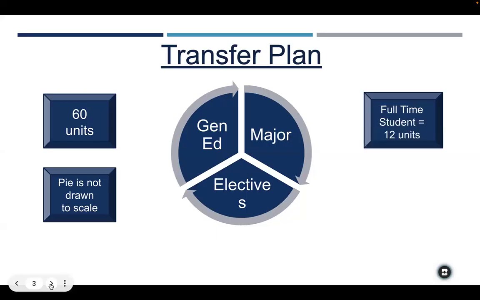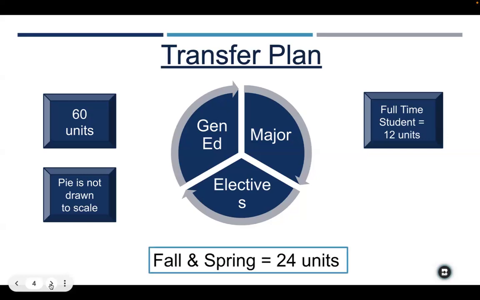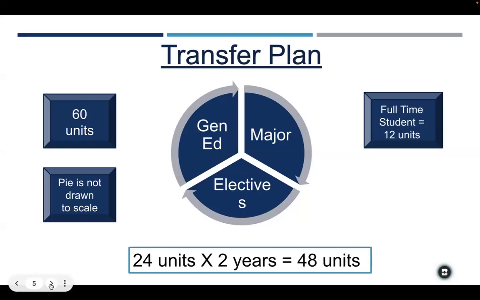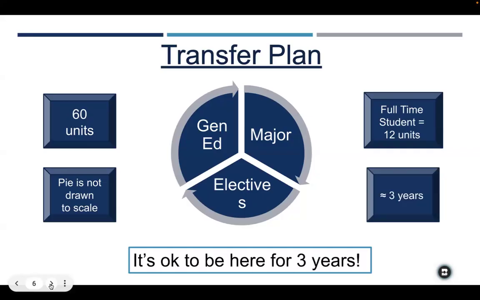A typical full-time student does at least 12 units at minimum. And if you did 12 units in the fall and spring, you'd be roughly at 24 units, and 2 years would be 48. Part of the reason why we have this slide on here is it's common for students to want to transfer in 2 years, but very common also that students transfer in 3.